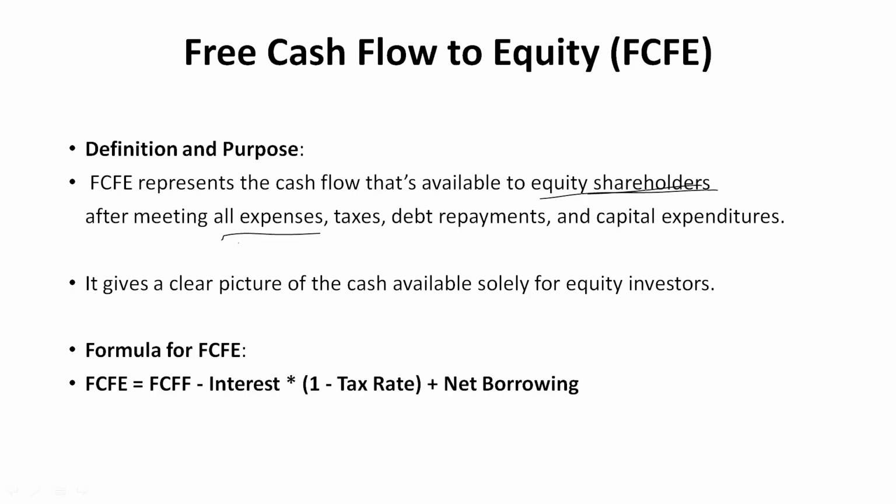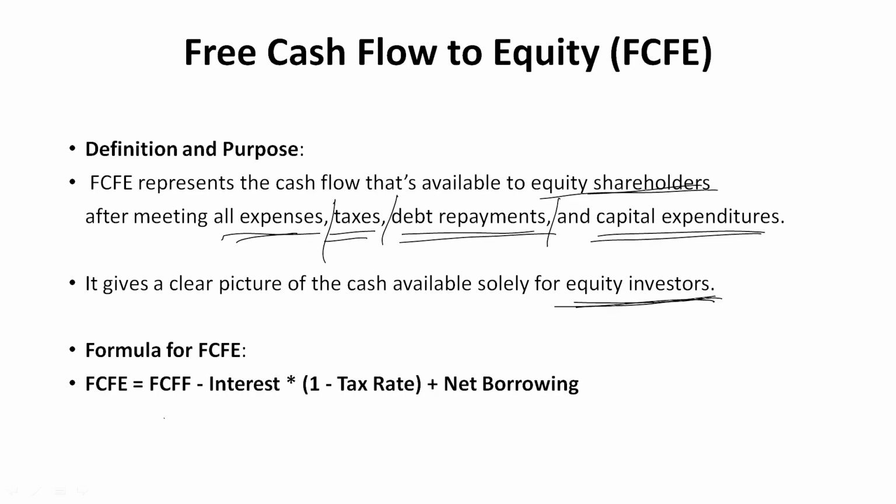After you have met all the expenses, after you have paid the tax, after you have paid the debt, and you have met the capital expenditure. It gives a clear picture in the mind of equity investors, because all the things are clearly settled, and whatever is left is for the equity shareholders.